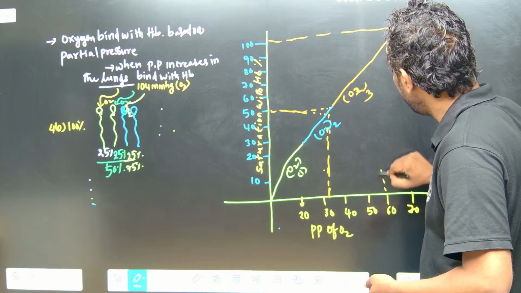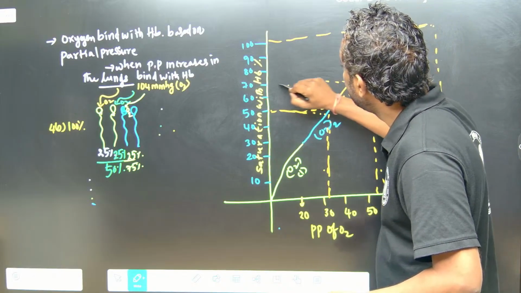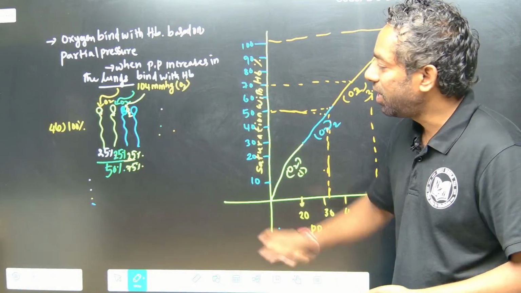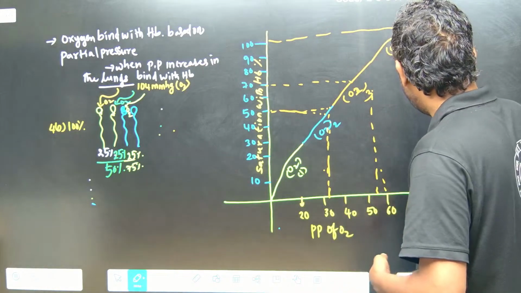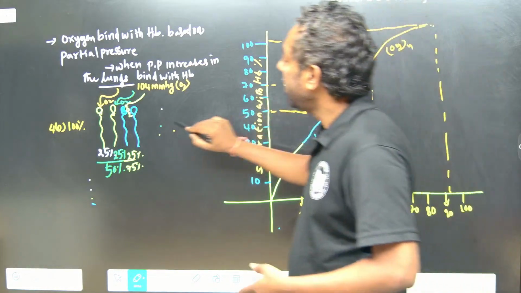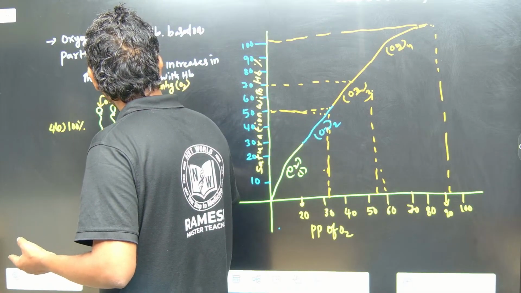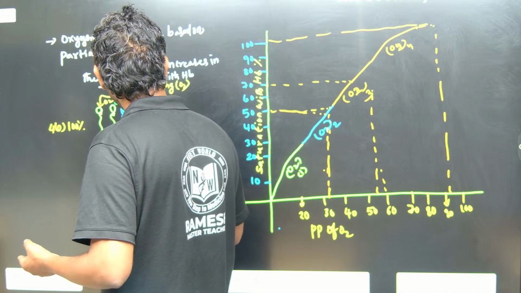So 50% partial pressure will create 70%, 75% saturation, meaning 3 molecules can attach to the hemoglobin. 90 to 100% partial pressure creates the other oxygen molecule binding, which is 100% saturated here.